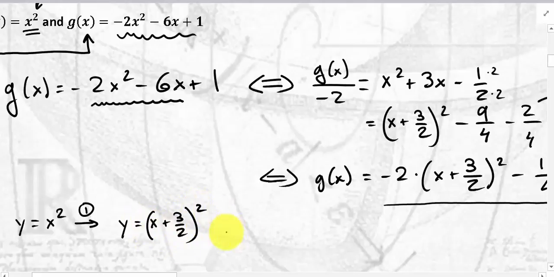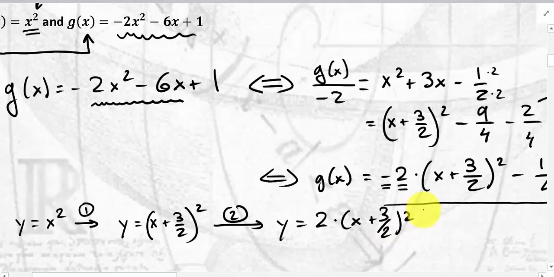That's a horizontal translation. It's on the x-axis. I'll write it after. Number 2. What's number 2? So now we take care of the 2. Be careful, you've got to break down the negative sign and the 2, right? So it is y equals 2 times x plus 3/2 squared. Next one, what do we have? Well, now we have the negative sign.